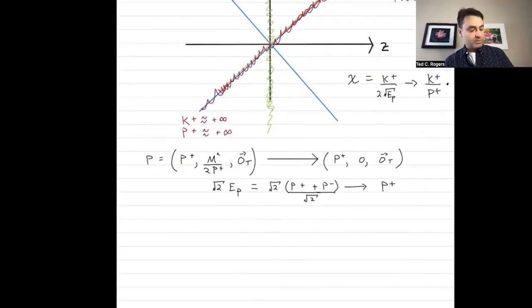Remember that the minus component, if the proton has a mass m, and we define the axes so that it's moving along the z direction, so there's no transverse component, if it's got a mass m, then the minus component looks like this. And so as we go closer and closer to the speed of light, the minus component goes to 0, and quite rapidly, right? It's m squared over 2 p plus, which is smaller than the plus component.